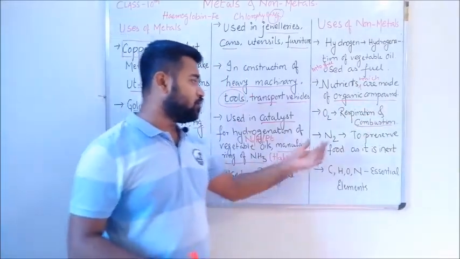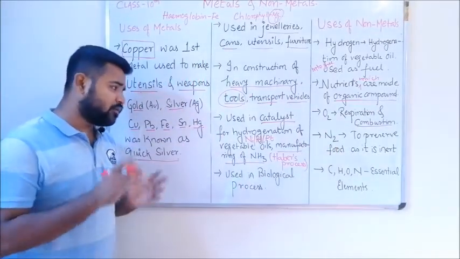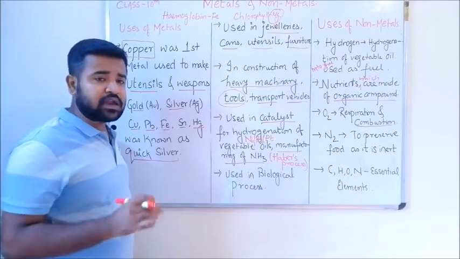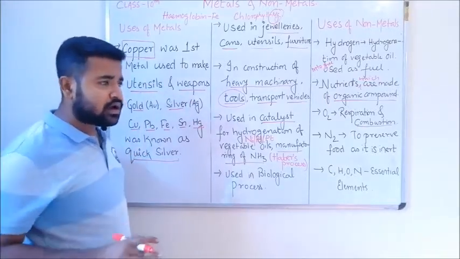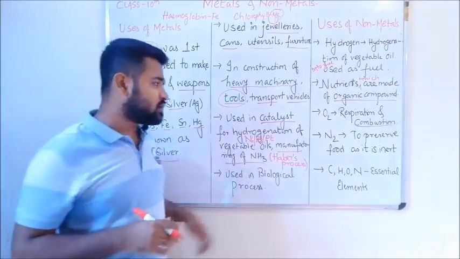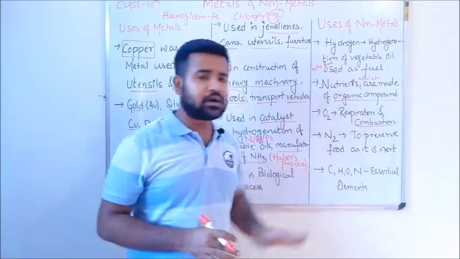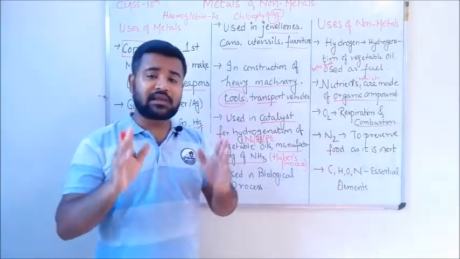Next is the N2. You know about N2, it is 78% available in the earth atmosphere. N2 has lots of uses. Why? Because first of all, it preserves food due to its inert nature. I have told you in the first chapter about rancidity.